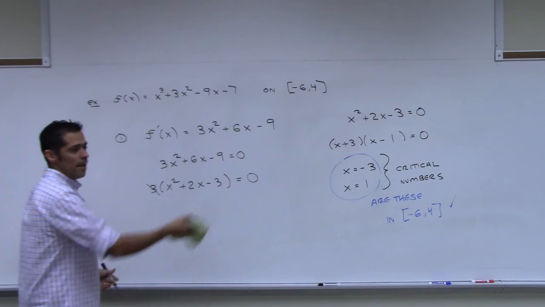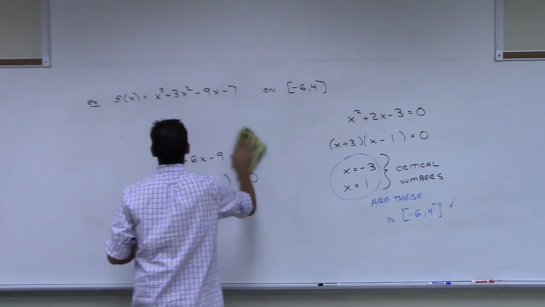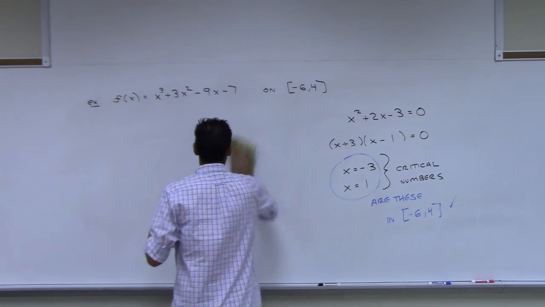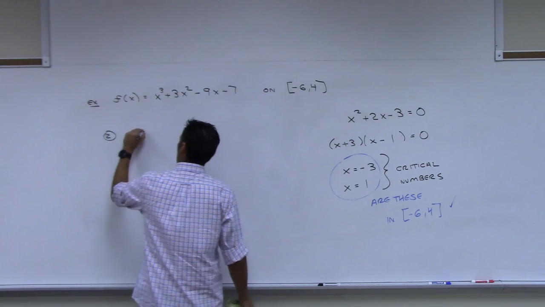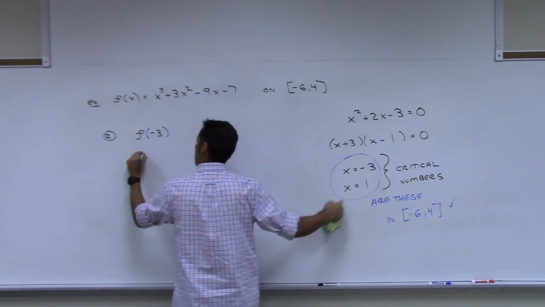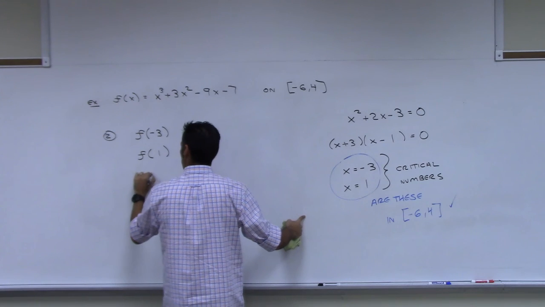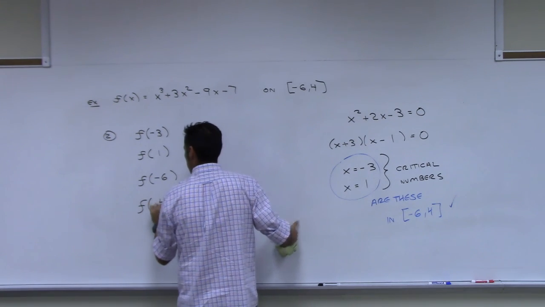What is step 2? I found the critical numbers. What's step 2? I'm going to plug those numbers into the original function right now, right? So step 2, I'm going to find f of -3. I'm going to find f of 1. I'm going to find f of 2 more things. What? -6 and +4.